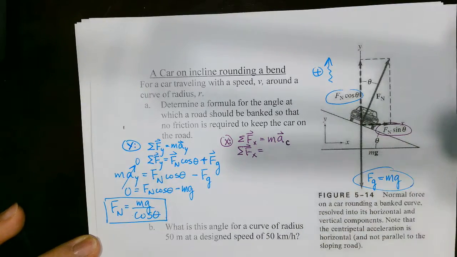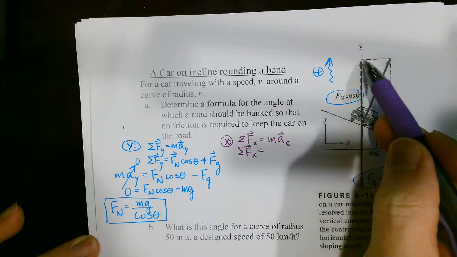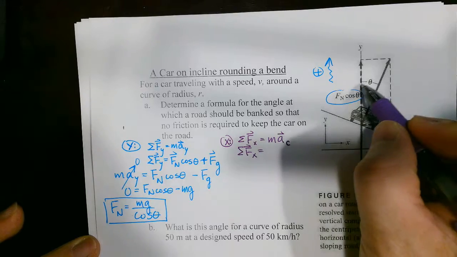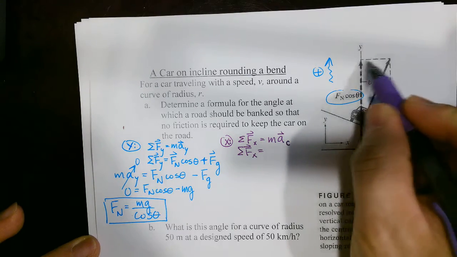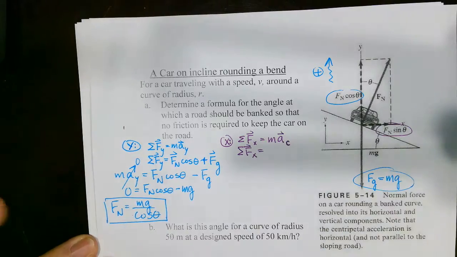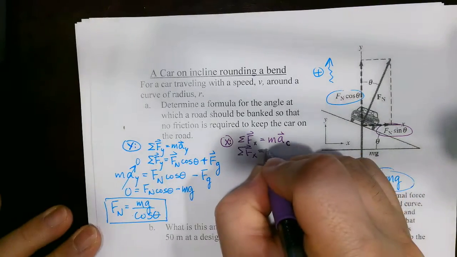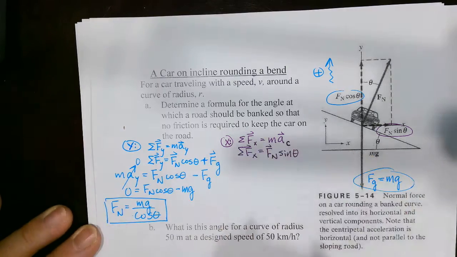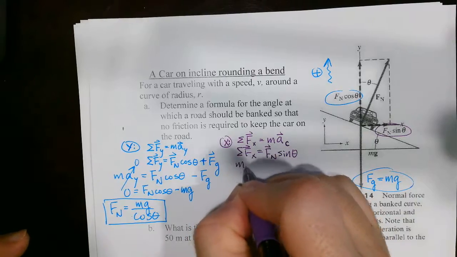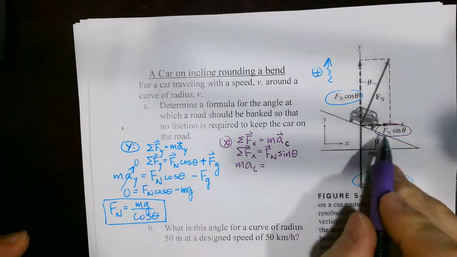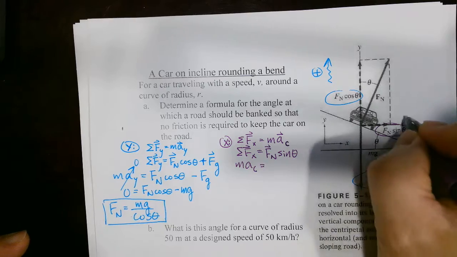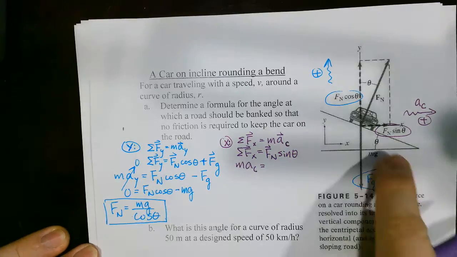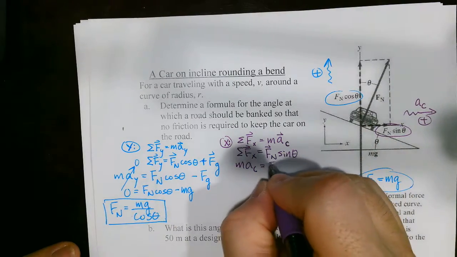In the x direction, there's only one force, which is the opposite component of my normal force, Fn sine theta. Remember, this right here is theta, so the opposite is the x and adjacent is y, so it is switched, so be careful with that. So here I have Fn sine theta. If I set them equal to each other, I have m a_c equal to Fn sine theta. Fn is going in the same direction as my a_c, so that's my positive direction, so my Fn sine theta is also positive.